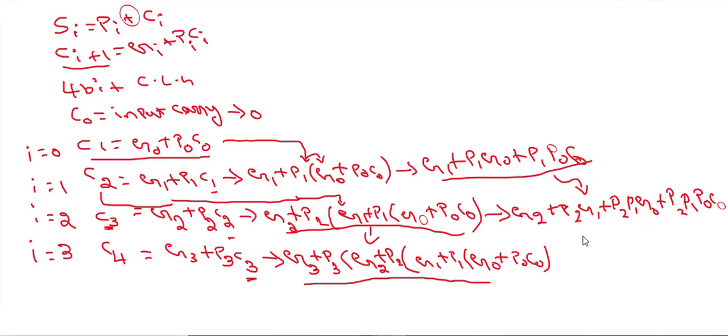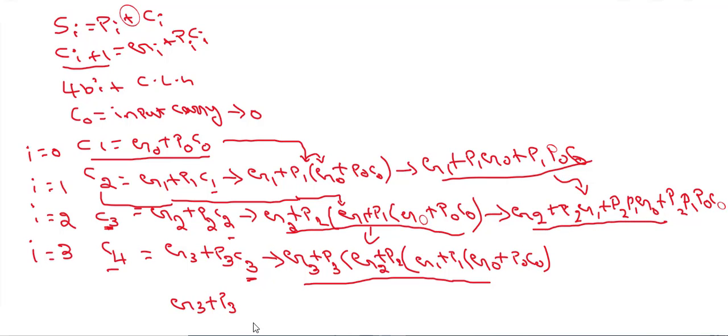The similar way you can do it for the final one, C4. When you take C4, first write G3 plus P3, then multiply P3 with the whole term we got for C3.